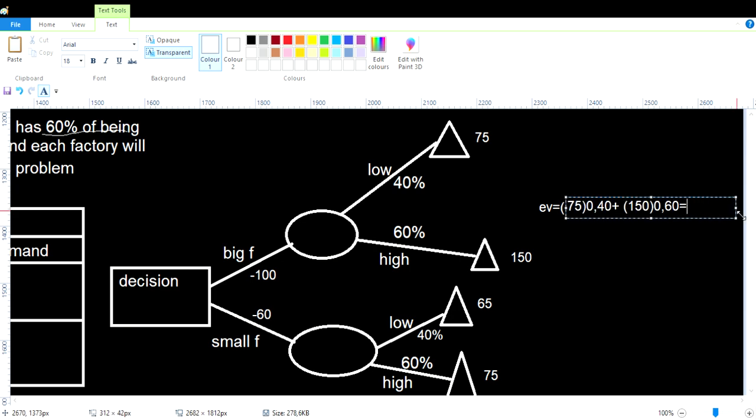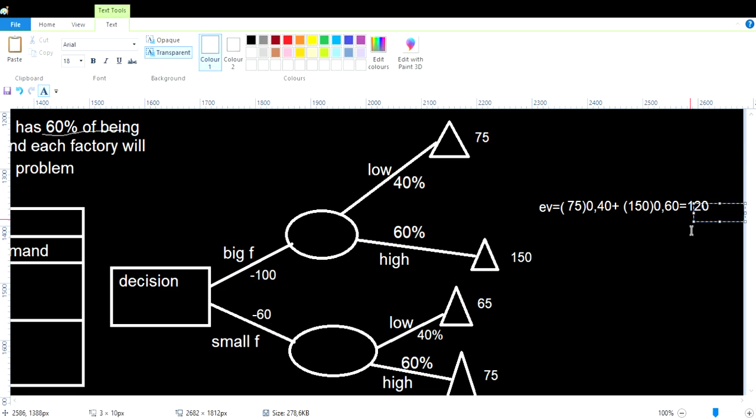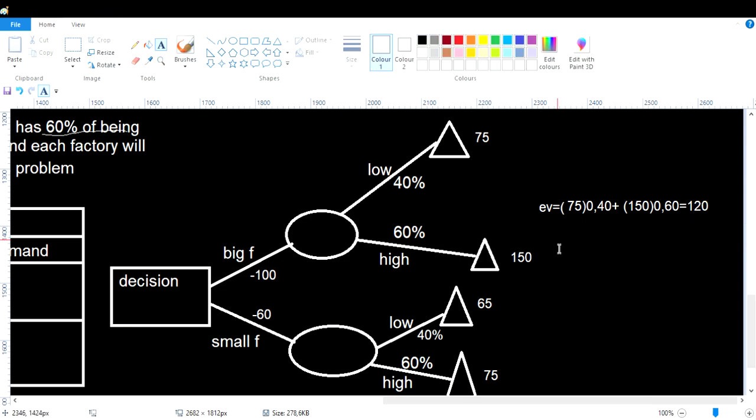Therefore the answer is 120. Remember, here we're given the cost of the building, so we have to minus the cost here. So it's 120 minus 100.